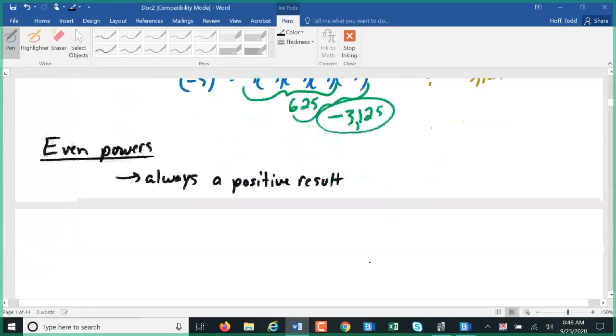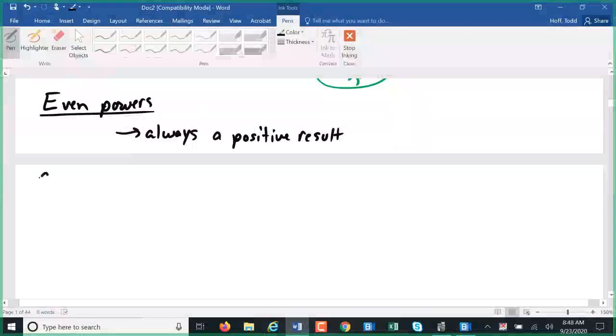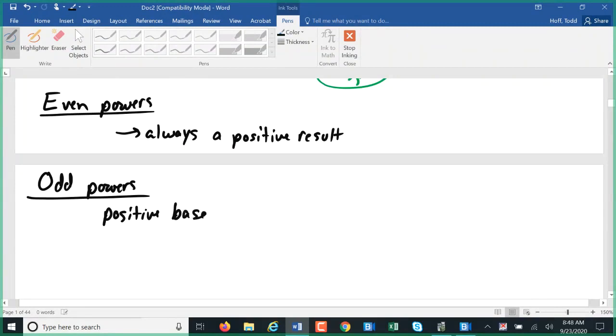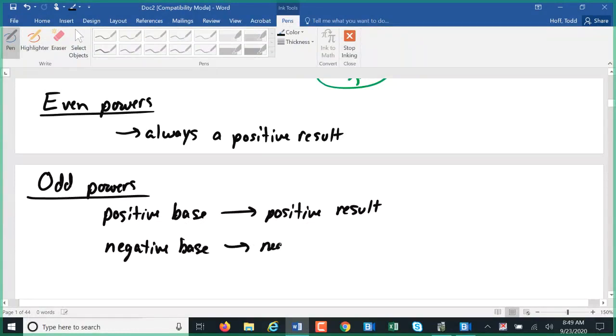For the odd powers, if we have a positive base, we get a positive result. Remember, base is that number it's acting on, the positive 5 or negative 5 for these examples. If we have a negative base, we get a negative result.